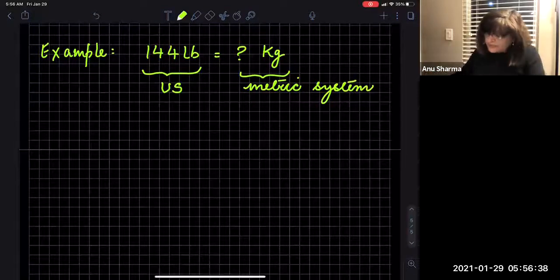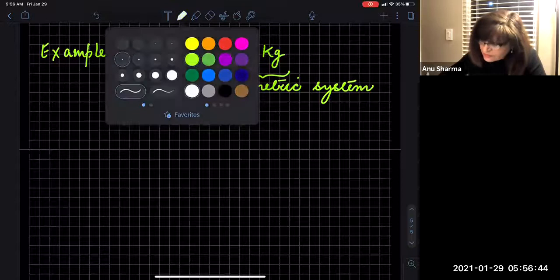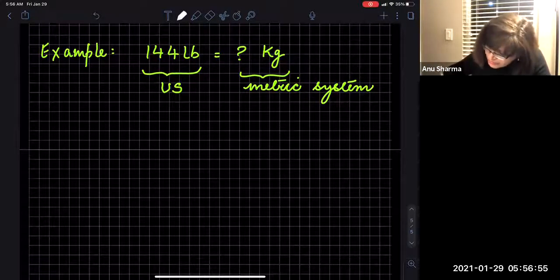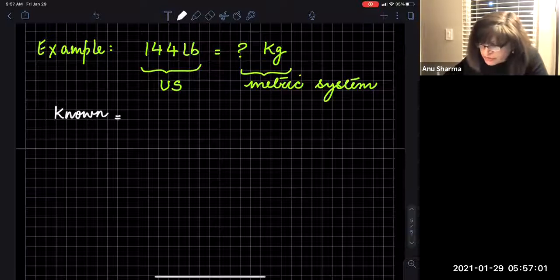Now we are trying to look at what is the relationship. This is again going to be given to you, or it will be in the tables, or when you're doing the homework you can check the table, or just look on Google. It doesn't matter. But we need to know this. What is known? The relationship between pounds and kilograms.